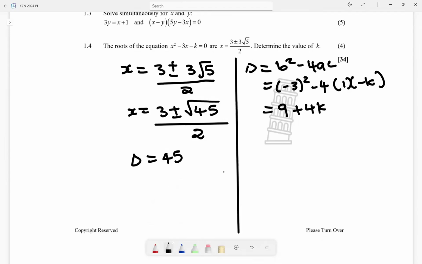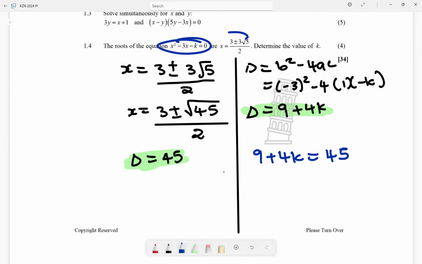So we have two discriminants here that should be equal to one another, because they are the discriminant of the same equation. This equation was got from this one. So we can say 9 plus 4k is equal to 45.